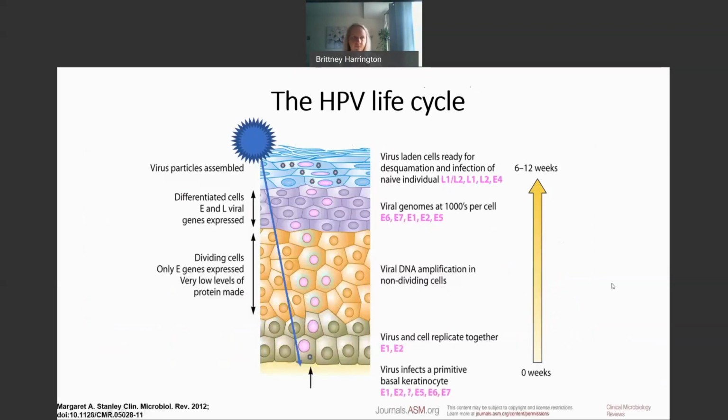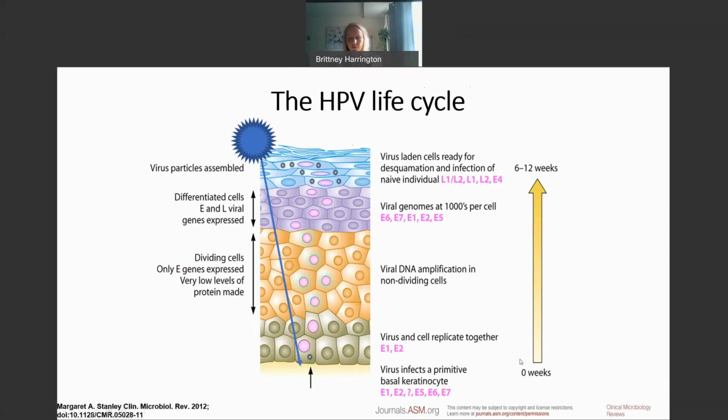So now that you have an overview of the structure of what it looks like in real life, now we can talk about how and where HPV infection occurs. It's a kind of highly ordered process, and it goes along with the epithelial differentiation, but it's a very acute process.